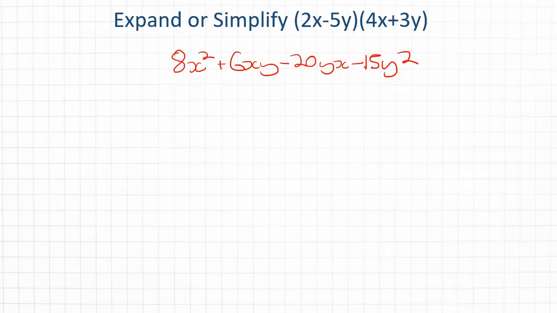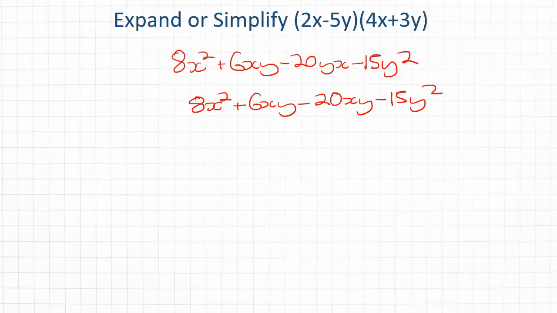Minus 20yx is the same as minus 20xy. This is because minus 20yx is really minus 20 times y times x. The multiplication is implied in the algebra. In multiplication, the order does not matter. 2 times 3 is 6, and 3 times 2 is also 6.